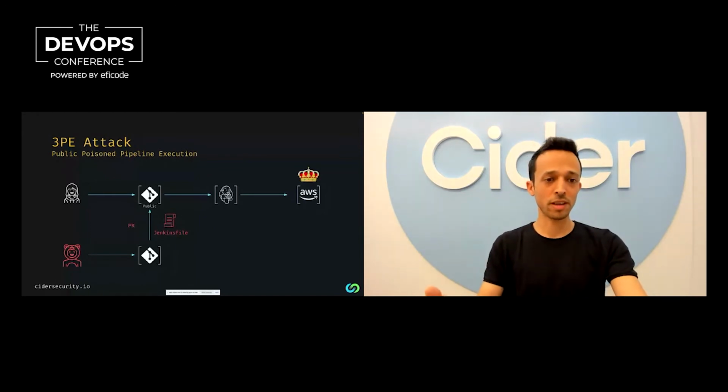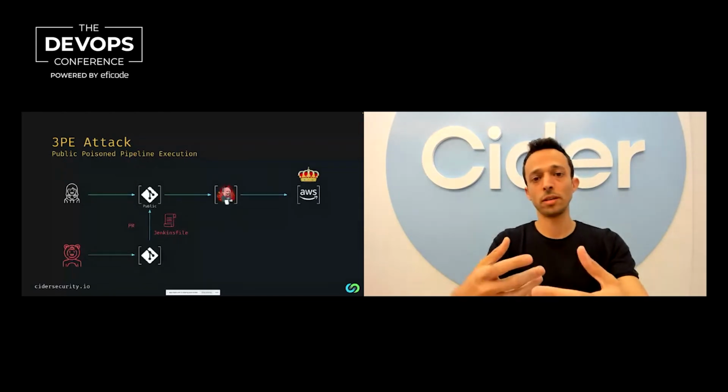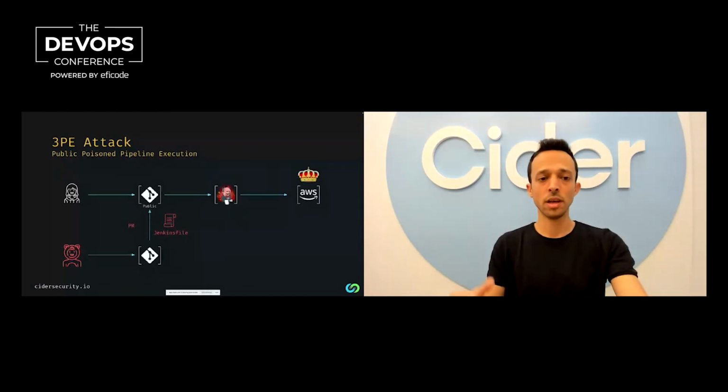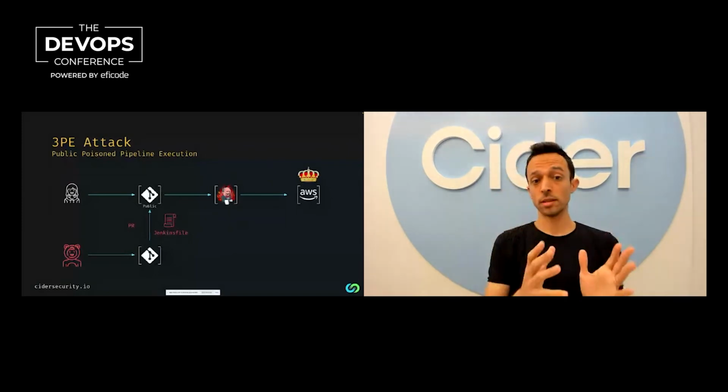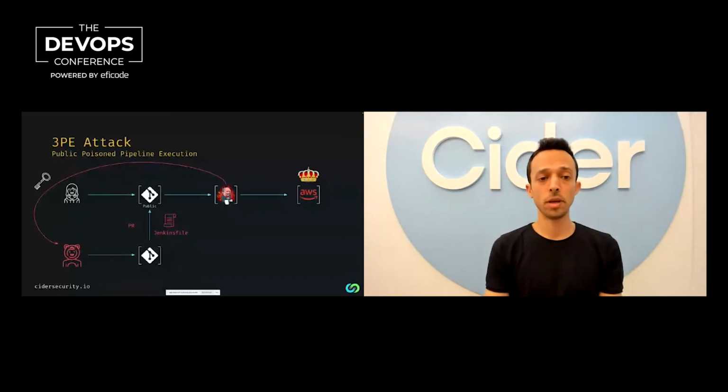What will happen is that if a pipeline is triggered insecurely, the pipeline would be triggered with and defined by the malicious Jenkins file. Credentials will be sent to the attacker, who can now access AWS. So that's public PPE, or 3PE.